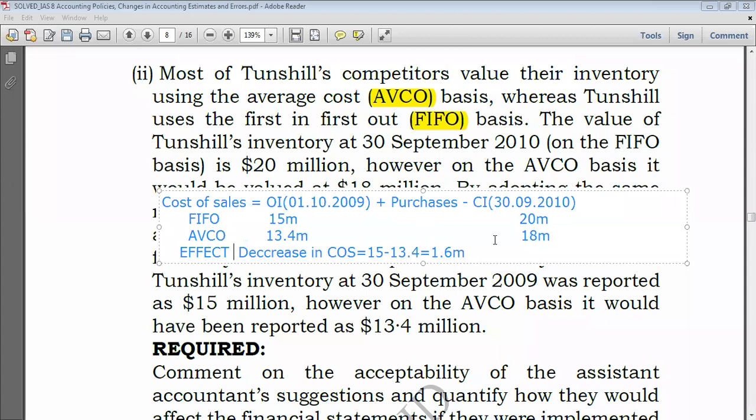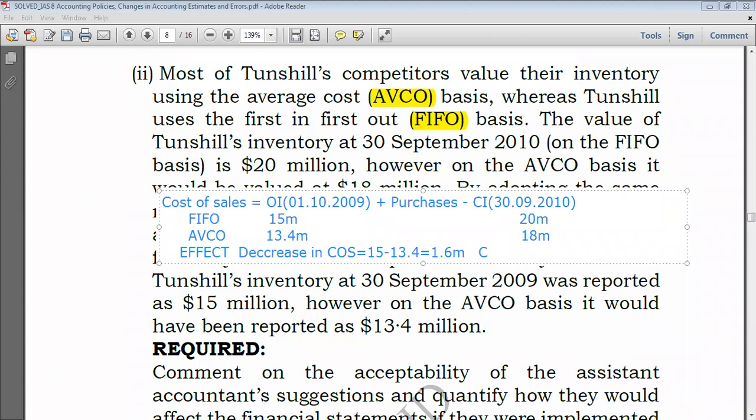Now, in case this was a closing inventory and you moved from FIFO to AVCO, closing inventory would have fallen by how much? Closing inventory would have decreased by 2 million. Now you see, closing inventory is subtracted from cost of sales. So if closing inventory falls by 2 million, that means cost of sales would have increased.